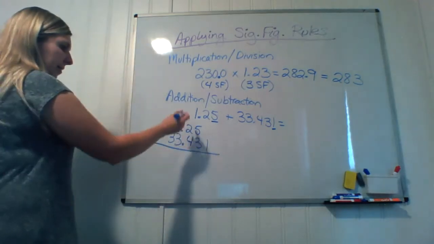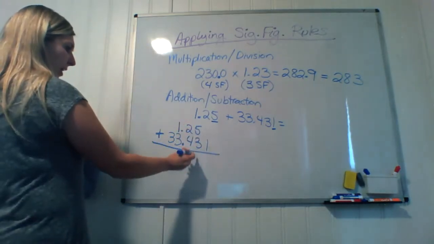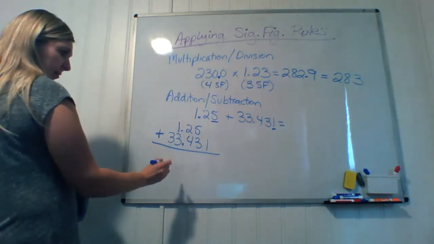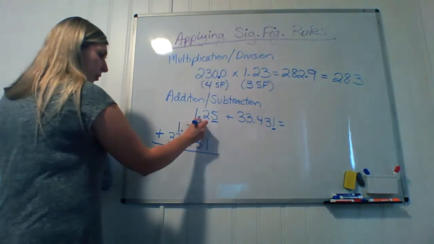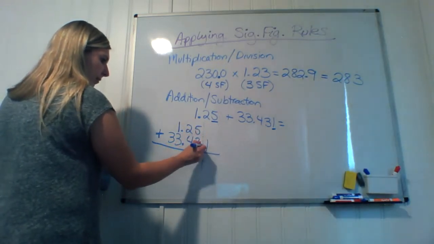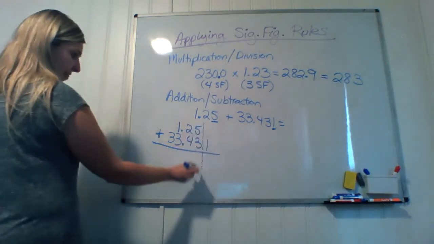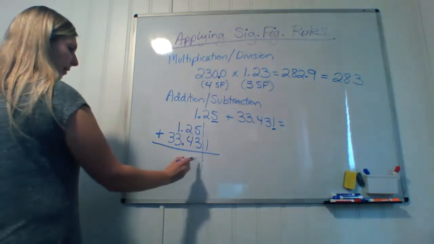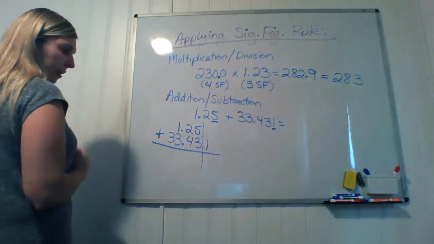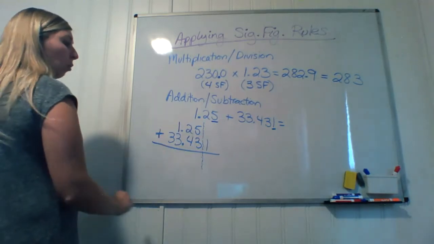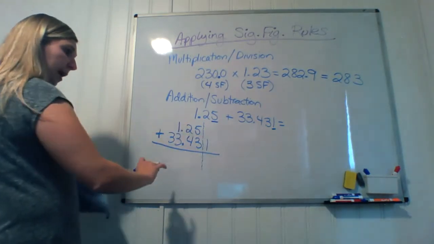So now by writing it this way, we get to see what is the least number of decimal places, okay? So I'm going to just draw a dotted line here to indicate that that is where the significant digits are going to lie within this portion of the calculation. So when we add here, we're still going to add all the numbers.